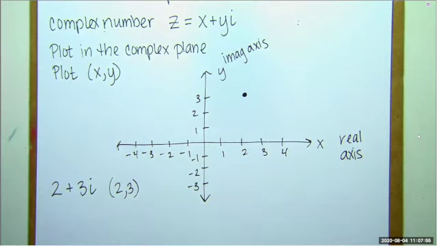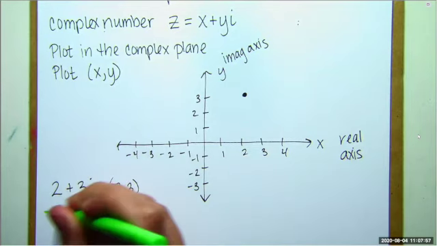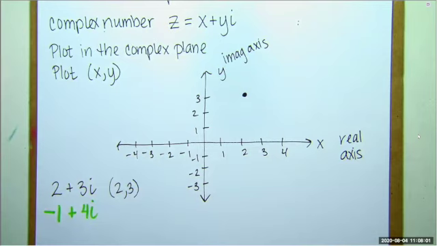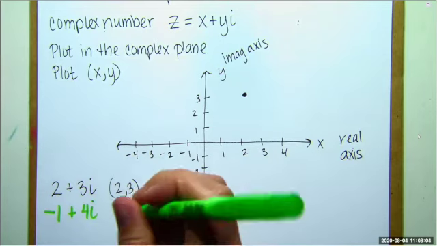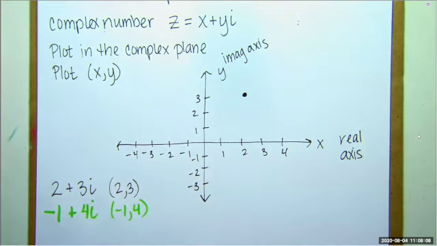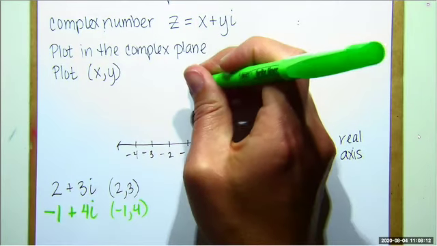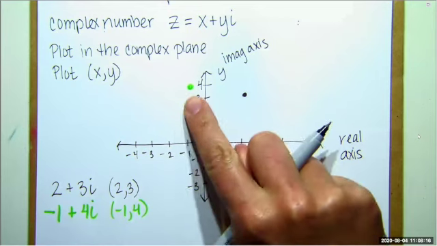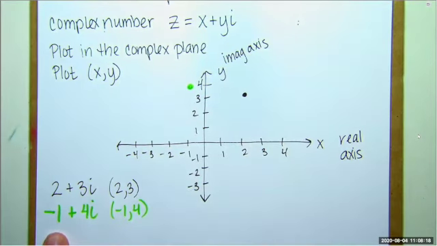I'll color code some more points for you. Next one, let's do -1 plus 4i. Okay, so all we want to do is take the x and the y off of here. So x is -1, y is 4. So in order to plot this, we just plot the point -1, 4. So here's -1, 4. This green point is the point -1 plus 4i.